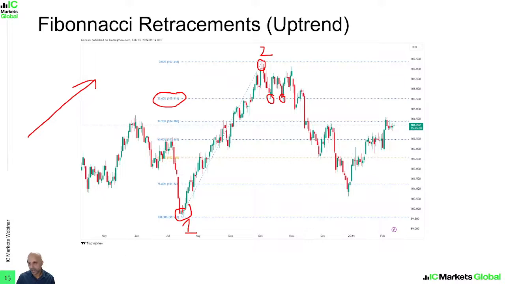Since I know this is the absolute high here, I would place my stop loss slightly above the significant swing high at point 2. And then how would I identify a potential take profit level? Where I can identify a potential take profit level would be by using the 23.6% Fibonacci retracement, right?